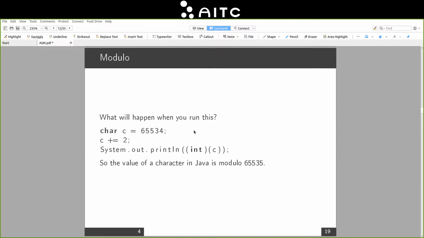So you mean the range of the number, the limitation of the number.